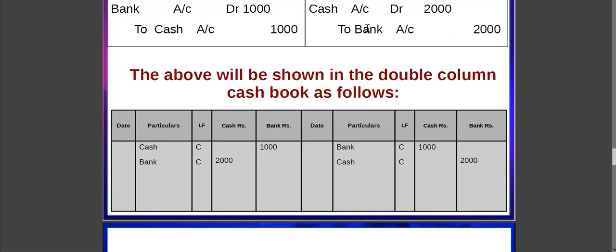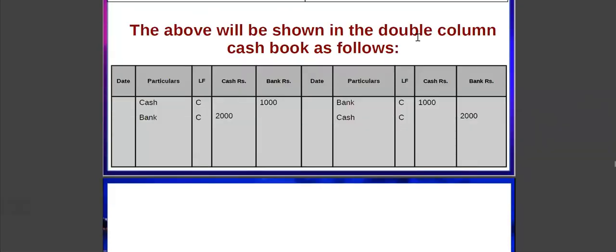The same way, credit the bank account. In the bank column, write 2000 by cash. This way you have to write. This is called contra entry.